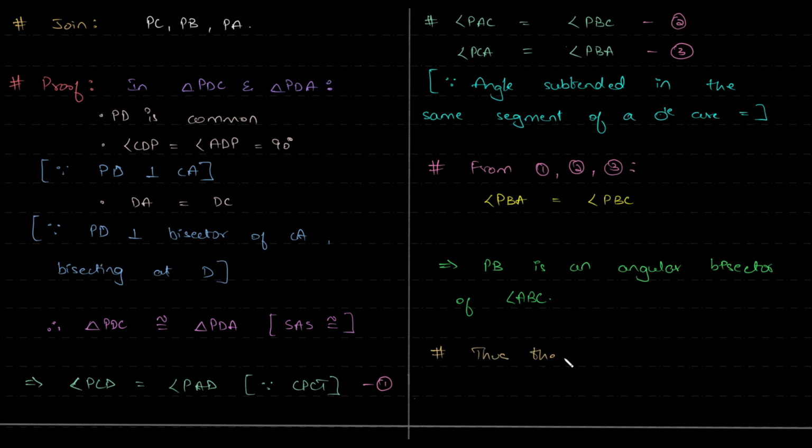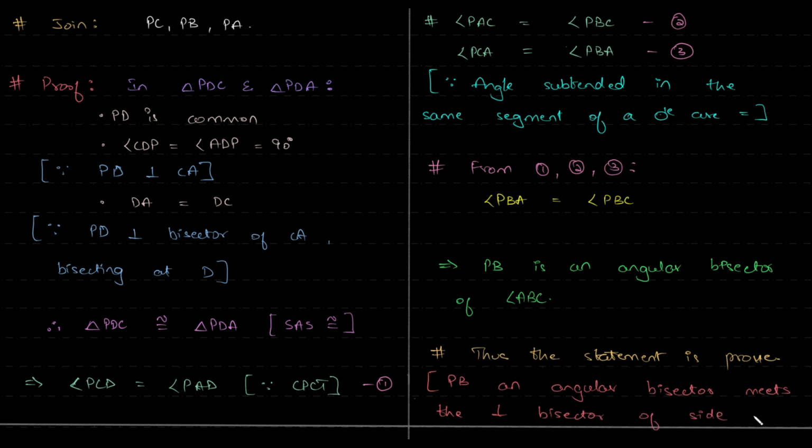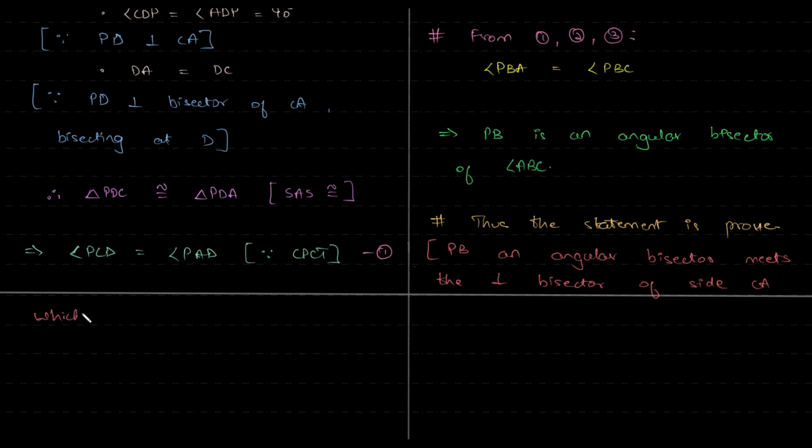Thus the statement is proved. We have something like this: PB, an angular bisector, meets the perpendicular bisector of side CA, which is the opposite side of angle B, on the circumference.